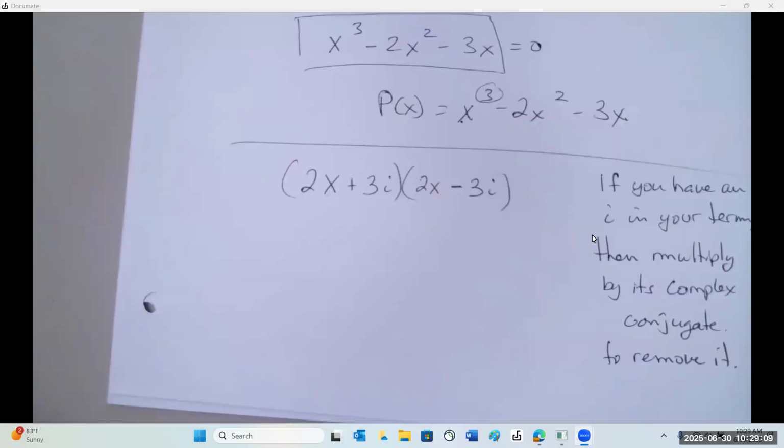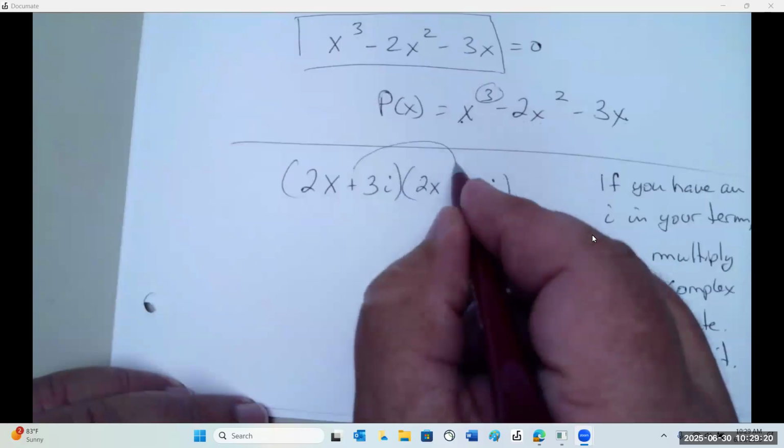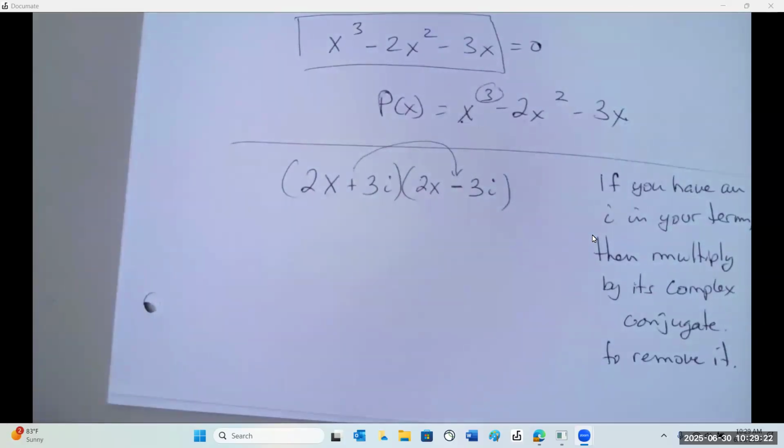That's the complex conjugate. So the complex conjugate to 2x plus 3i is 2x minus 3i. You just change whatever sign is there, and that's the complex conjugate.